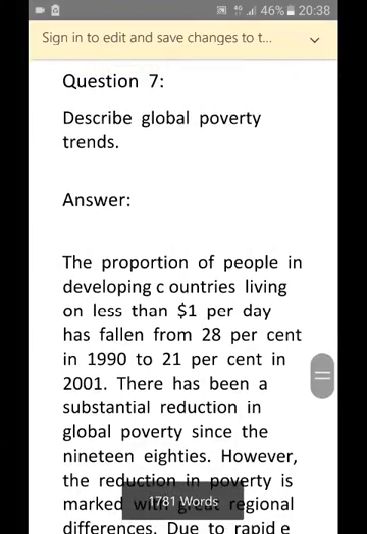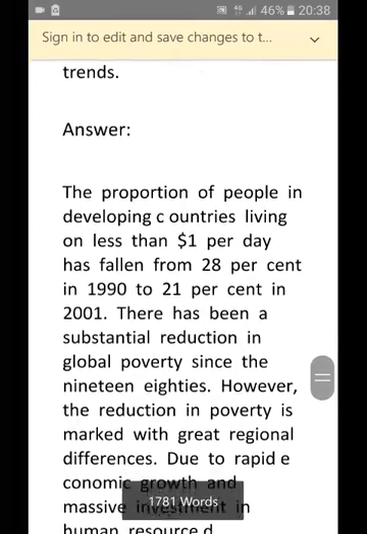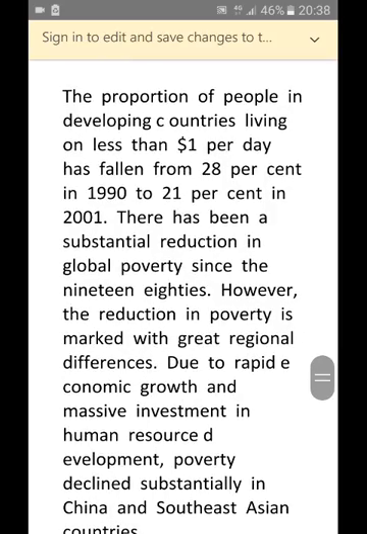Now, this is question number 7. Describe global poverty trends. So here, the proportion of people in developing countries living on less than $1 per day has fallen from 28% in 1990 to 21% in 2001, that is a 7% decline in 10 years.